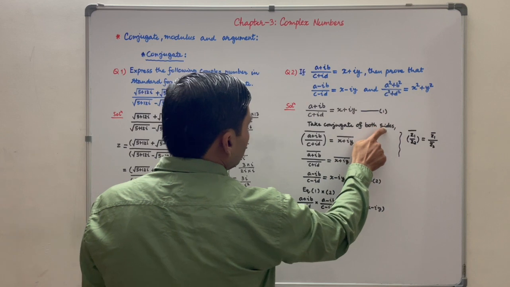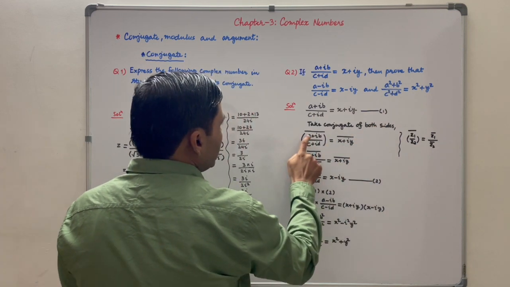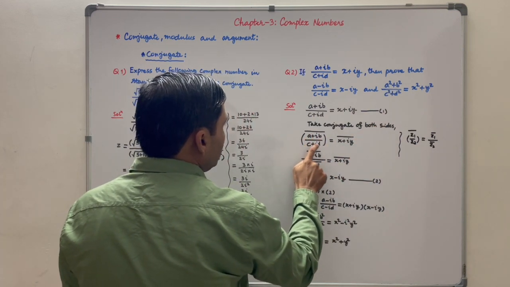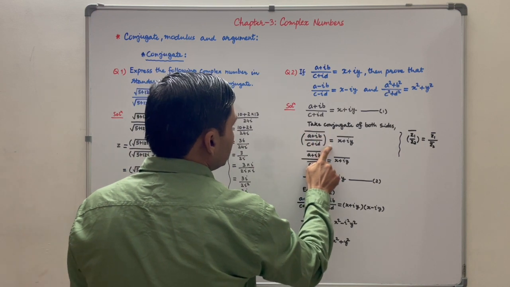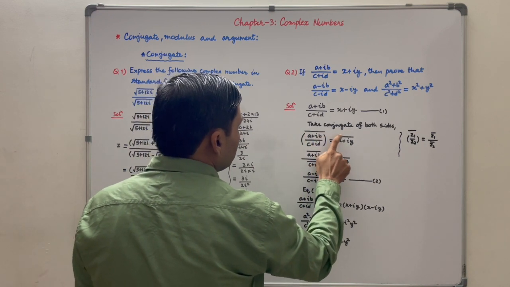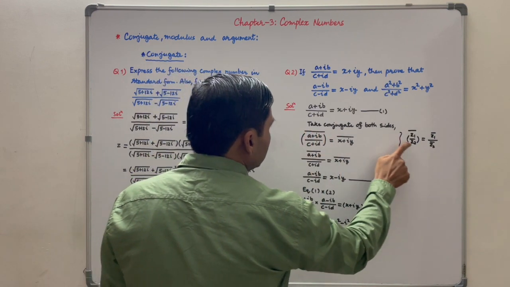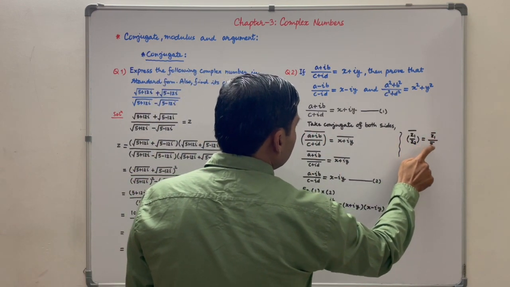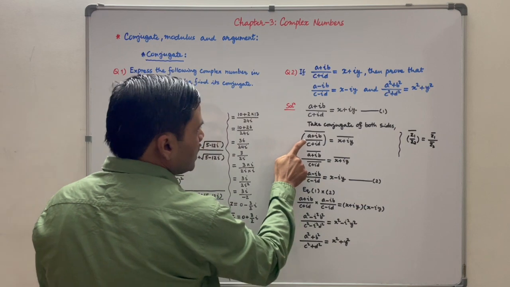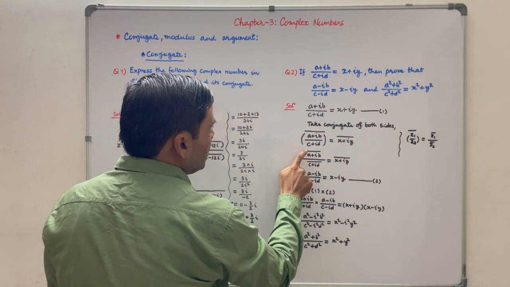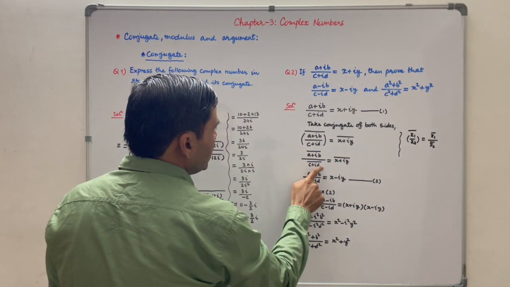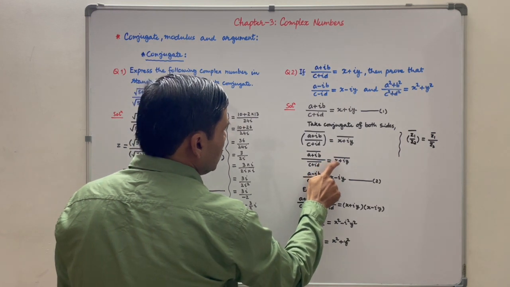Take the conjugate of both the sides. So we can write ((a plus ib) upon (c plus id)) whole bar is equal to (x plus iy) bar. We know that (z1 upon z2) bar is equal to z1 bar upon z2 bar. So we can write LHS as (a plus ib) bar upon (c plus id) bar is equal to (x plus iy) bar.